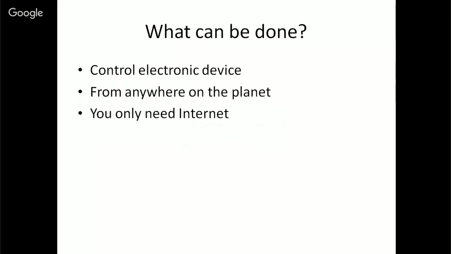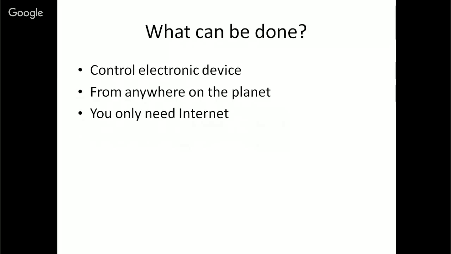And the other device which cannot use internet can be controlled. So what you need to know about what can be done with the help of IoT is that even if the device that you have is not able to use internet, it can be controlled.